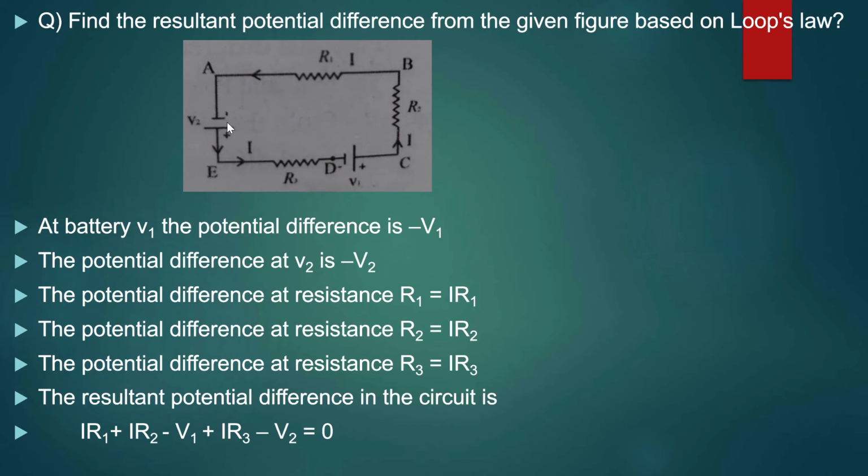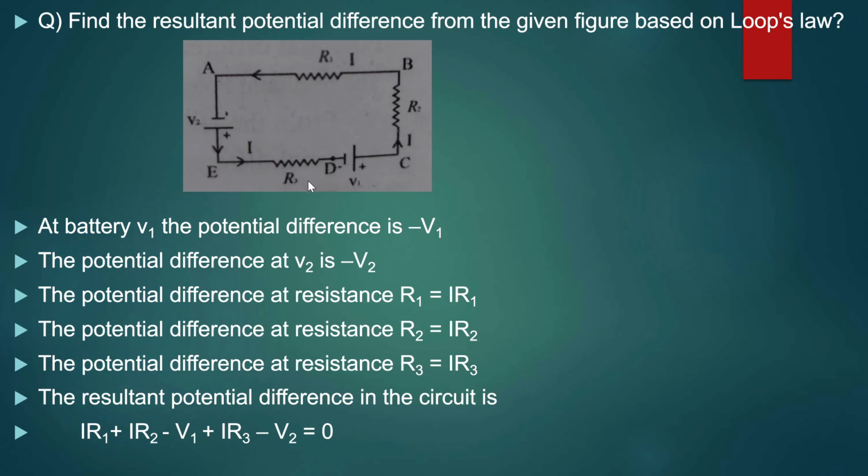Okay children, so the potential difference at battery V1 is minus V1. Potential difference across the first battery is minus V1, and the potential difference across the second battery, that is V2, is minus V2.